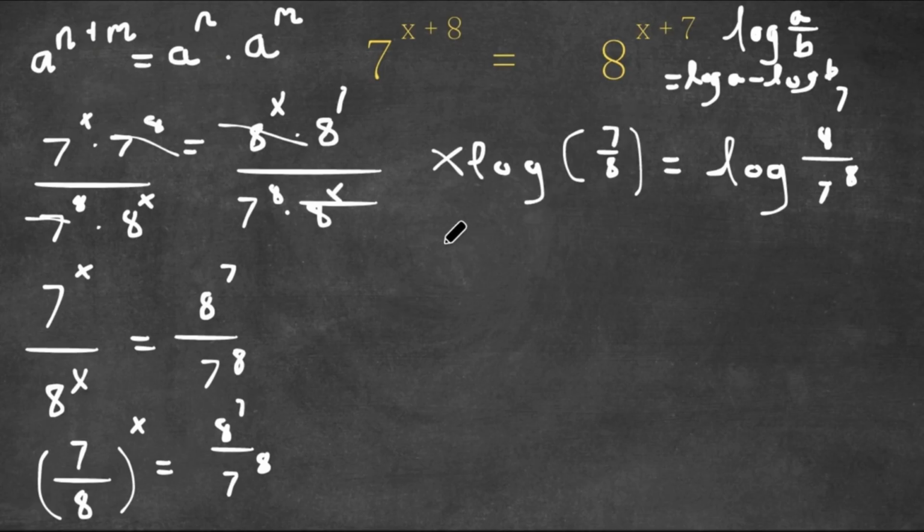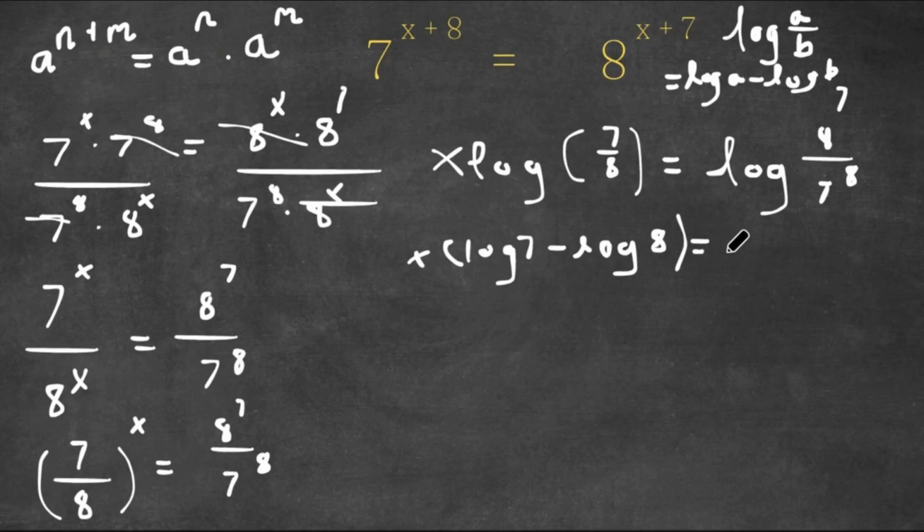So log 7 over 8, this is going to equal x times log 7 minus log 8. Now this is equal to log 8 to the power of 7 minus log 7 to the power of 8.